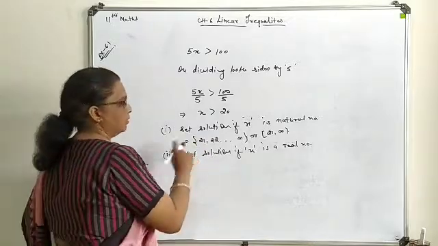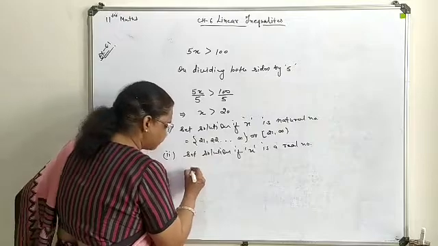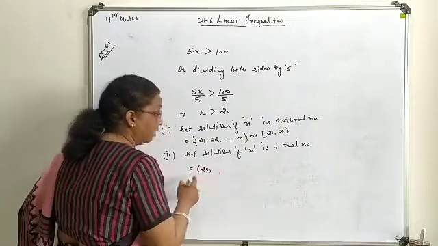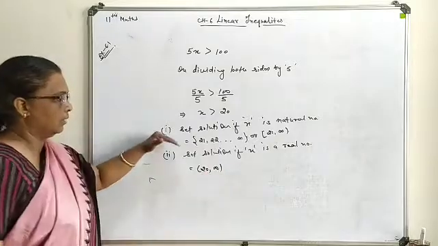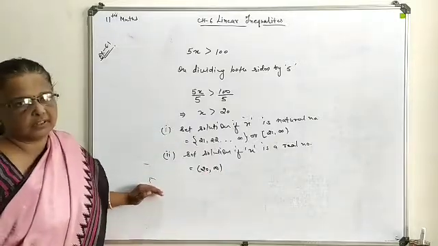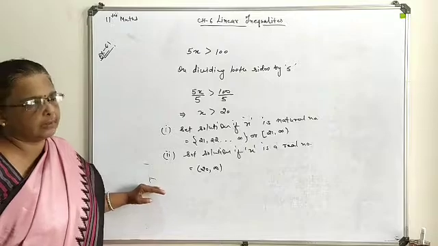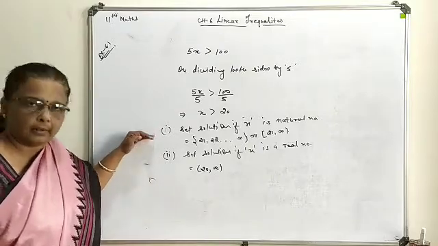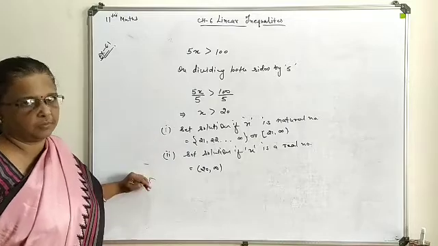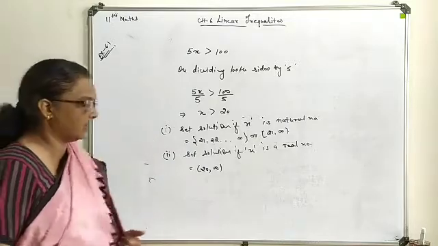So here the set solution you will write is open interval 20 to positive infinite. So this way you can see the presentation of the set solution, presentation of the answer will be changed as you are going to select the criteria regarding the x. So this way the answers are to be selected. This is the very basic thing I have discussed.